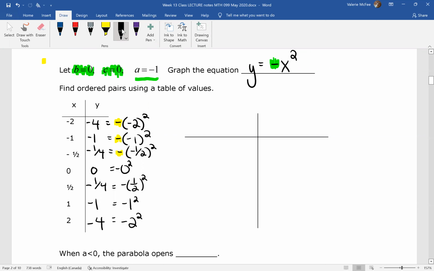Let's plot those points. We'll label our x-axis and our y-axis. We have a point at the vertex, -1, -1, -2, -4, and at -0.5, -1/4, +0.5, +1/4.